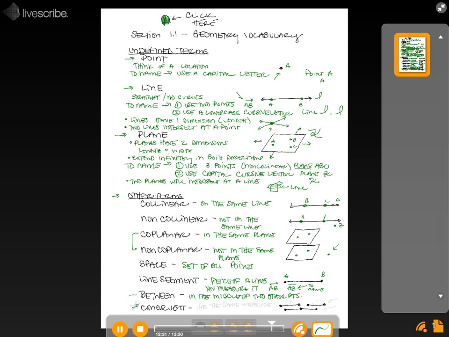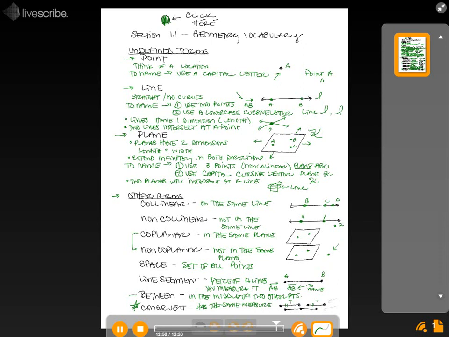Last idea is congruent, and this is an important one. Congruent means has the same measure, or that they're equal. Okay? So, if 2 things are congruent, let's say this is 7, that means this one has to be 7. And to show that, we use little hash marks to show that they are the same.